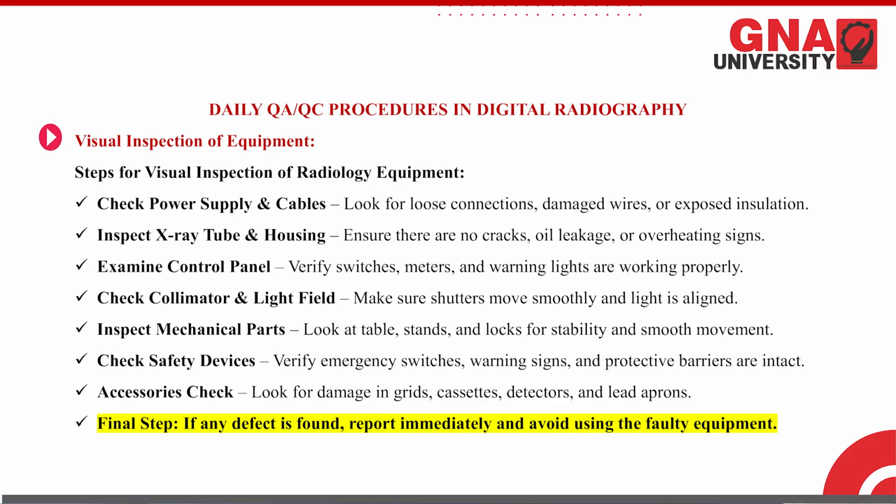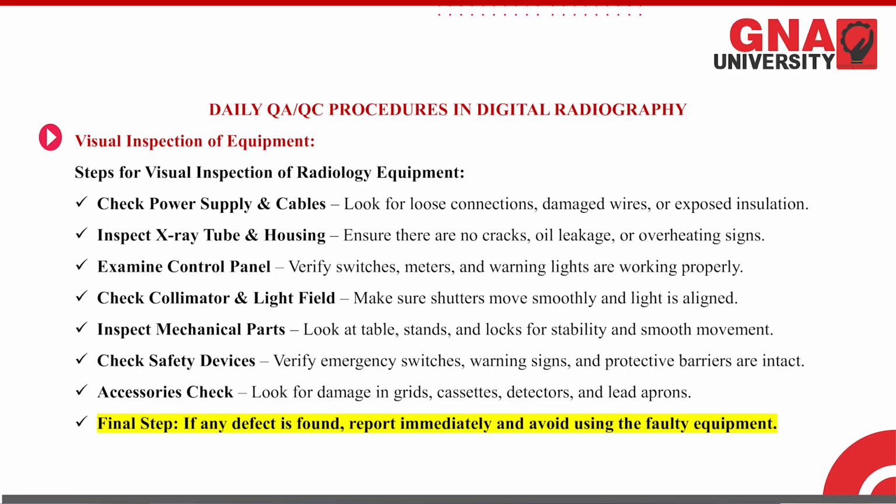And the next step is to examine the control panel. A control panel is a system by which we can control the machine, by which we can set kVp, by which we can set mAs. Simply, it is how we operate the machine: we can switch the machine on and off.